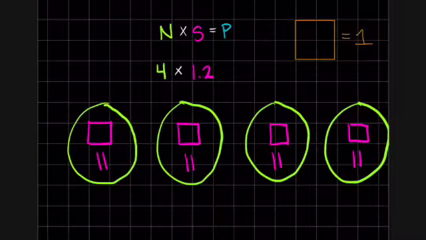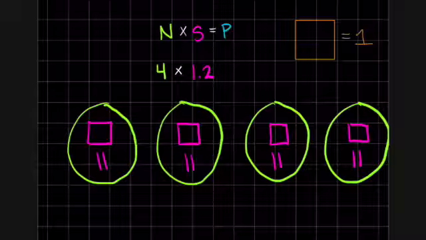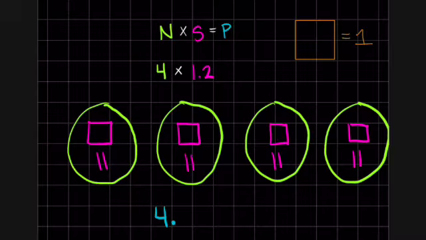And my total is going to be what all of this adds up to. Okay, so I have 4 wholes and 2, 4, 6, 8 tenths. Okay, so this shows an example of 4 times 1 2/10.